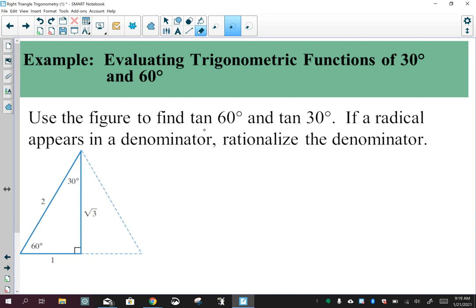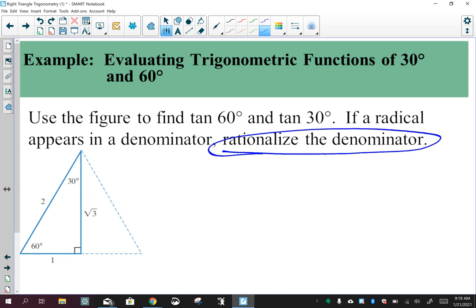Use the figure to find tangent of 60 and tangent of 30. And so you're going to see this a lot. You have to rationalize your denominator. You're not allowed to keep a square root in the denominator.